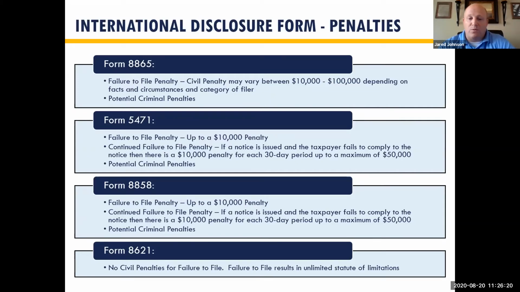I guess I would like to say this is still kind of a penalty, but it's not a civil penalty, and that is that if you fail to file the 8621 and you should have, there is an unlimited statute of limitations on that. So it opens up your tax return indefinitely, basically, until you get that form filed.